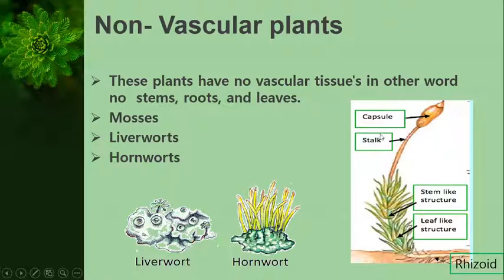And we have the stalk that holds the capsule. We have stem-like and leaf-like structures, and instead of the root we have rhizoids that absorb water and minerals from the soil.